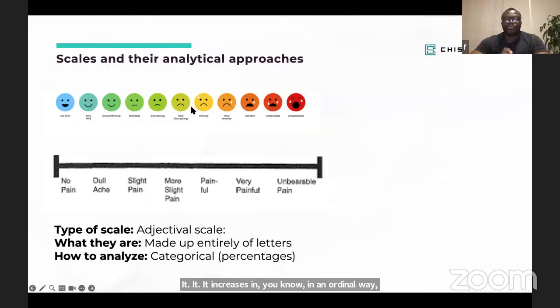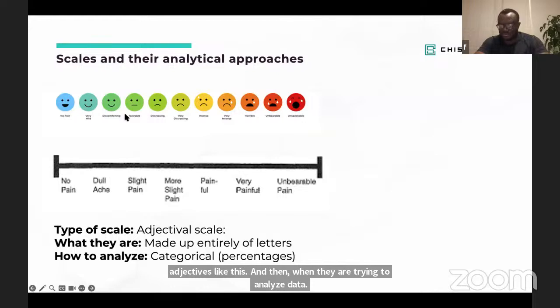But we must understand that whenever we have a scale that no longer has numbers, we cannot treat it as being numeric. A common mistake people make is that they will have measured the scale with adjectives like this, and then when they are trying to analyze the data, they substitute those values with numbers.